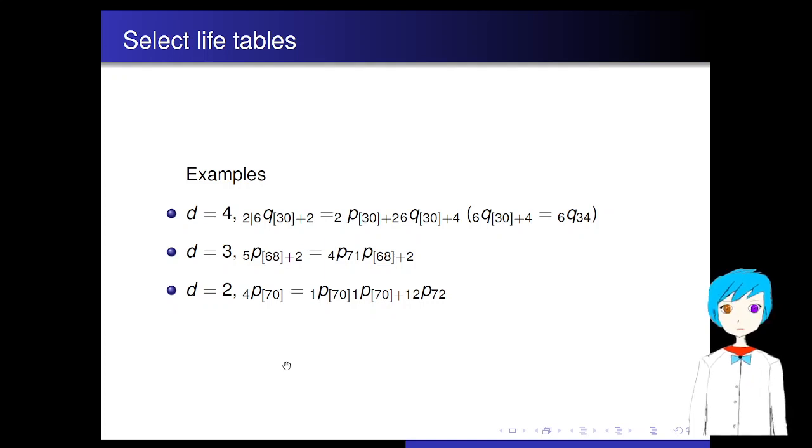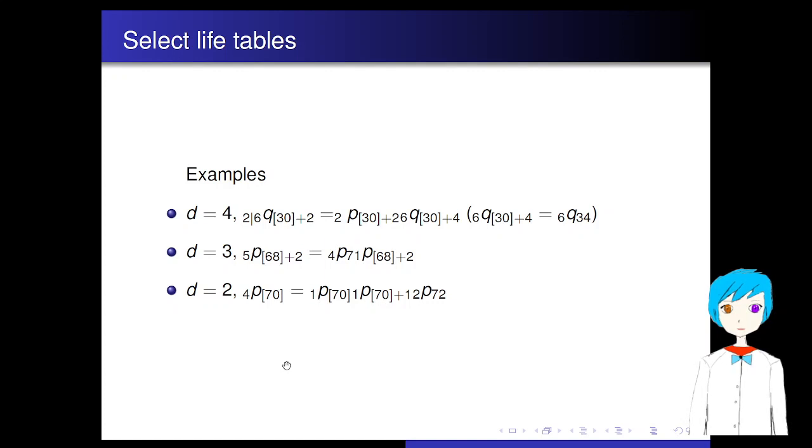Finally, in the last example we decompose the survival probability p into the product of 3 survival probabilities when the selection period D equals 2. The selection happens at 70 years old.